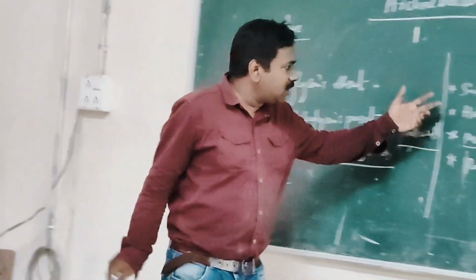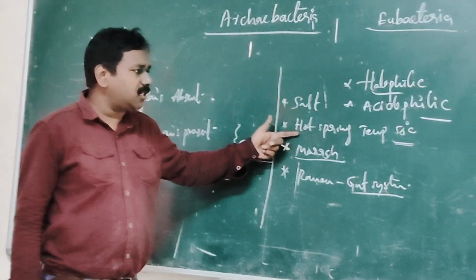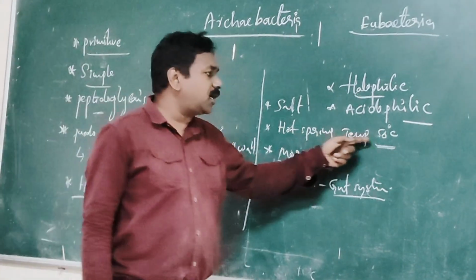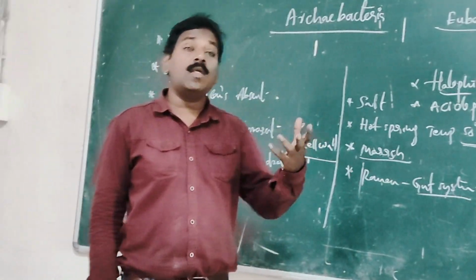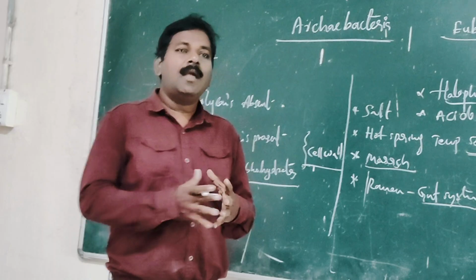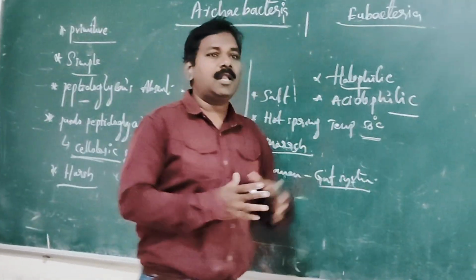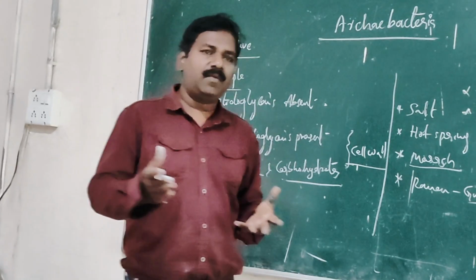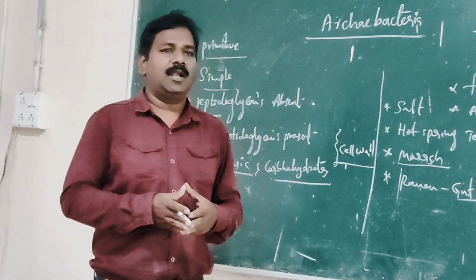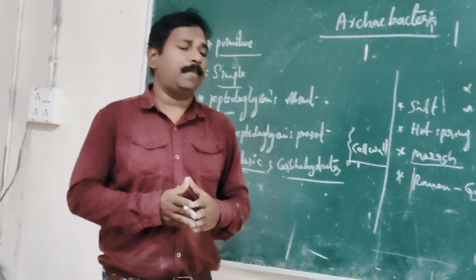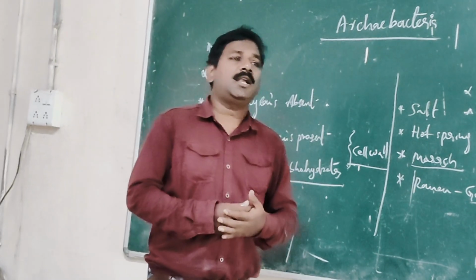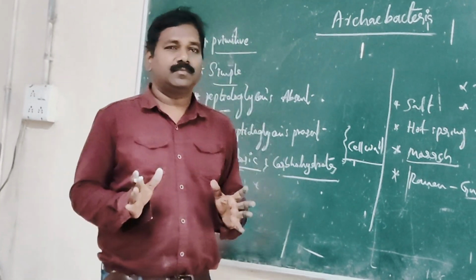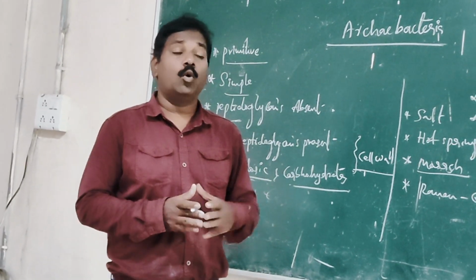These are the extreme conditions. Hot springs means the temperature is more than 50 degrees or near 100 degrees. Generally, true bacteria survive at 37 degrees, between 30 and 40 degrees, and are unable to survive above 40.